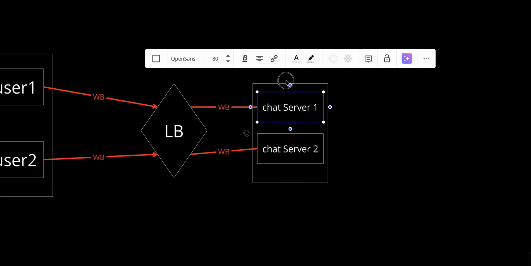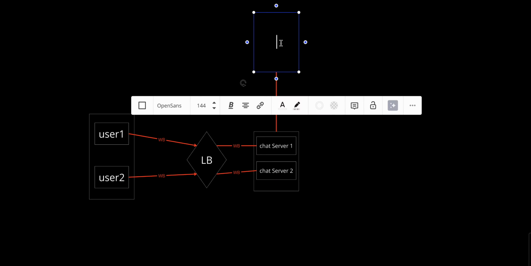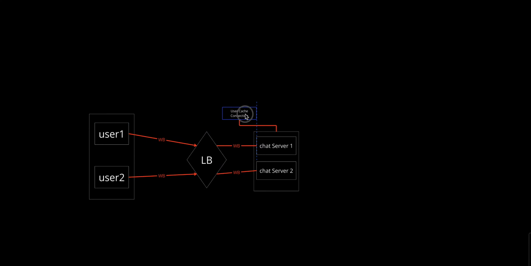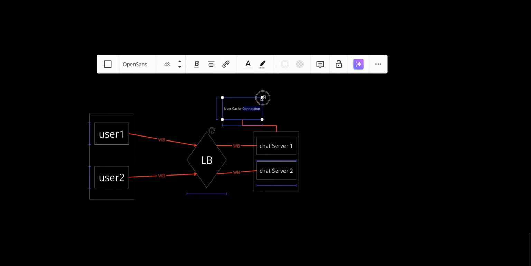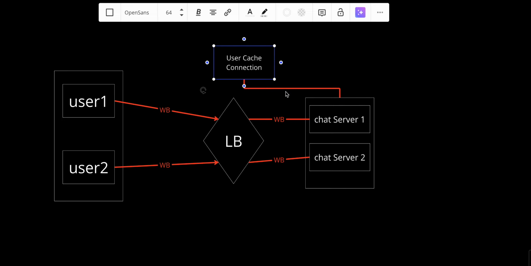So let's call it a user cache connection. Let's make it real small and put it here, and we can make it bigger. Yeah. So user cache connection. Let's put it here.